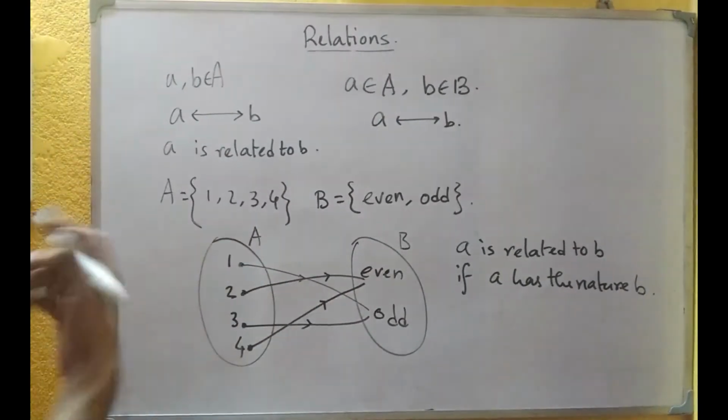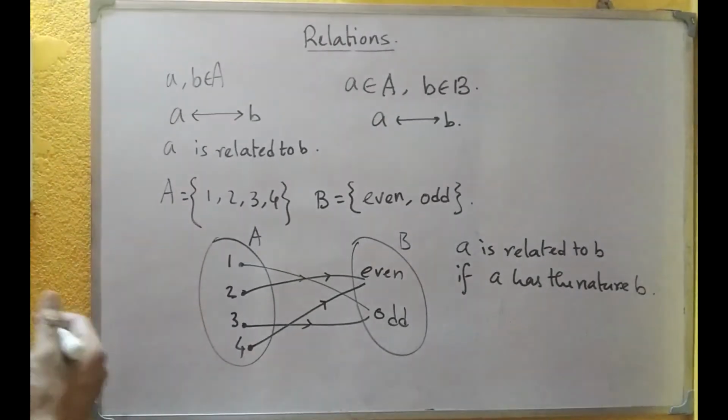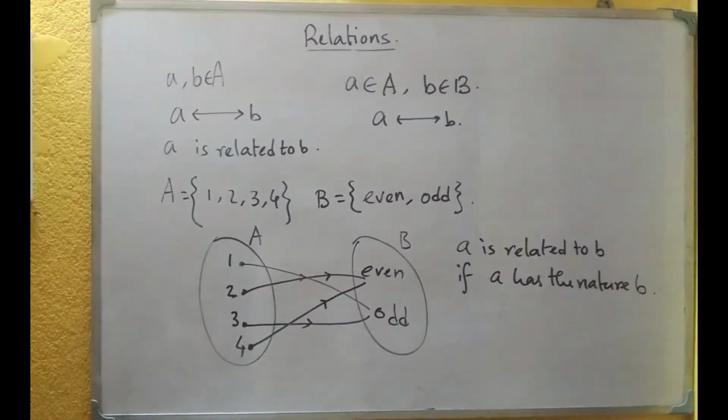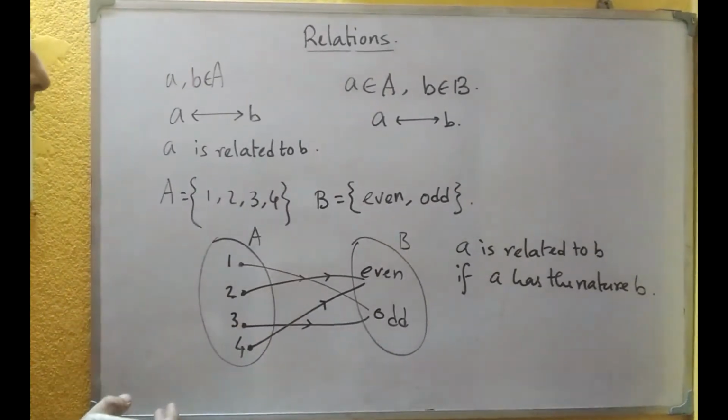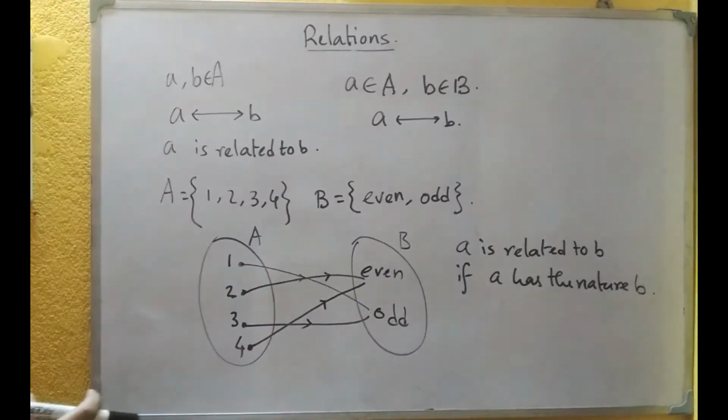If A is an odd number, then it should be related to odd. So in this way we are defining the relation here. So this is the rule, or we can say this rule is the relation, that A has the nature B. Okay.